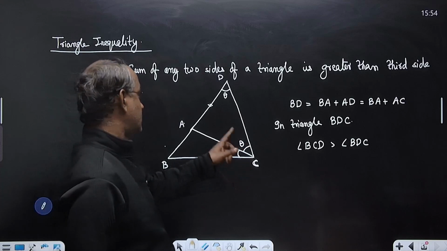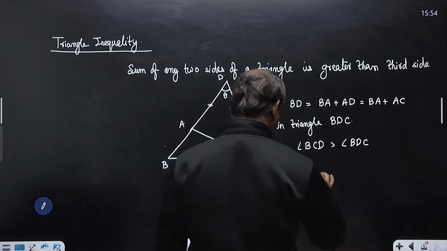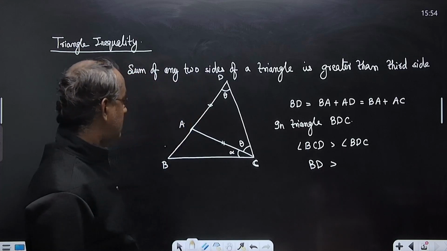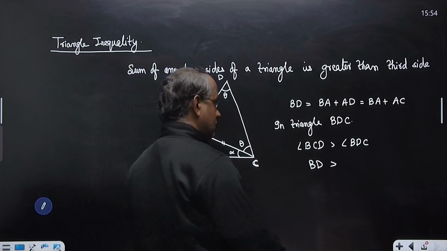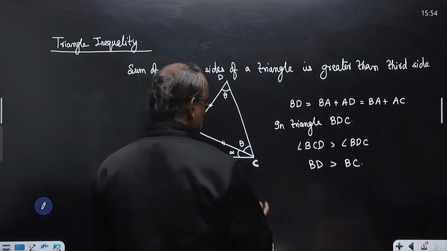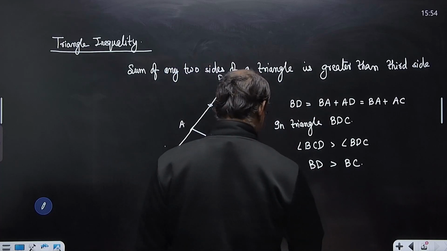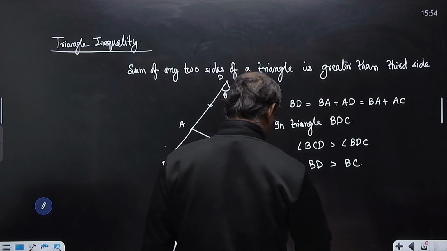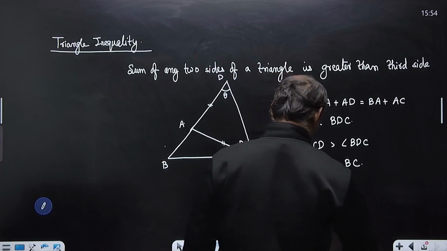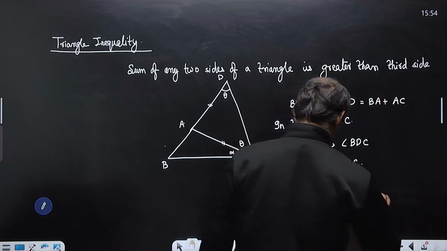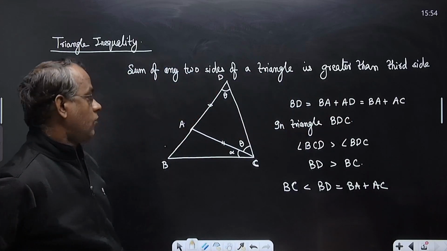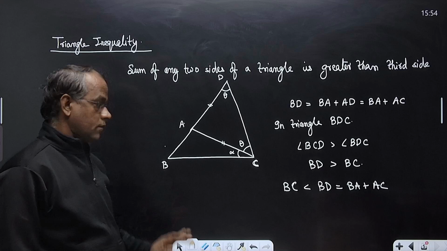This angle. So the side opposite BCD, which is BD, will be greater than the side opposite angle BDC, which is BC. So we have BC is less than BD, which is BA plus AC. Okay, we could have done it with any other side.